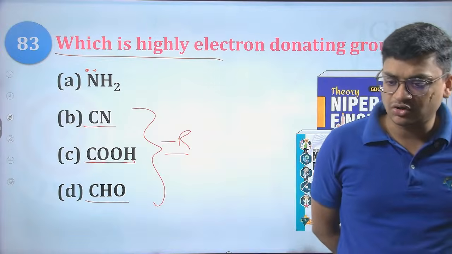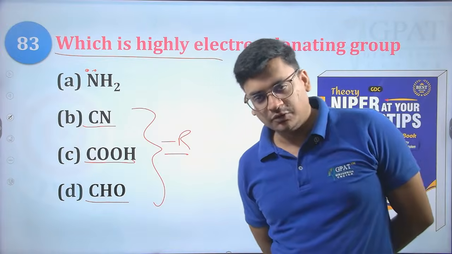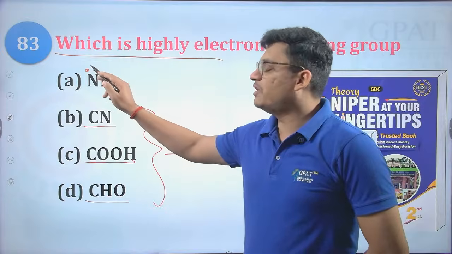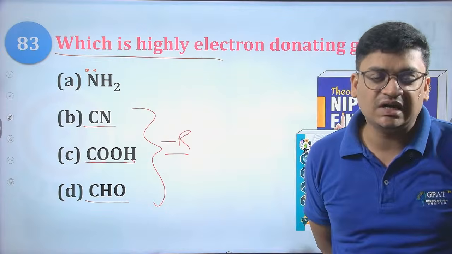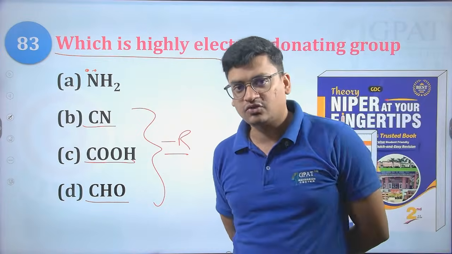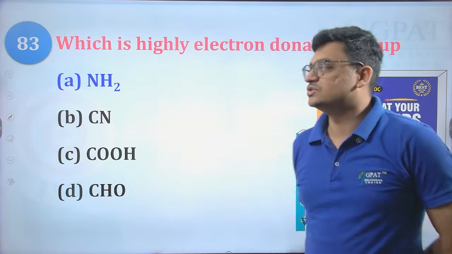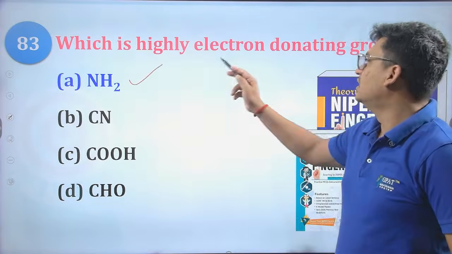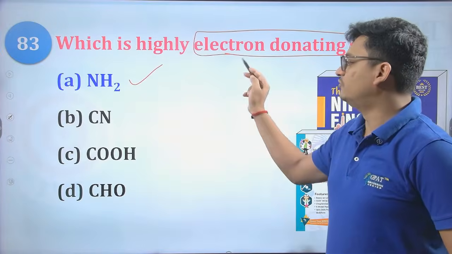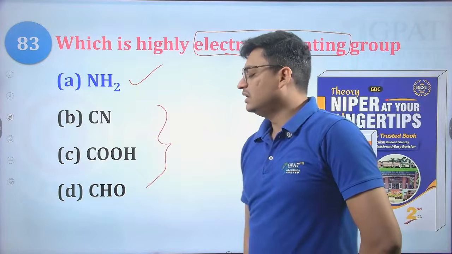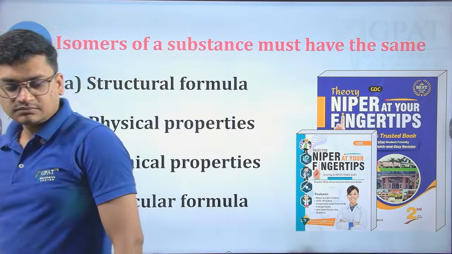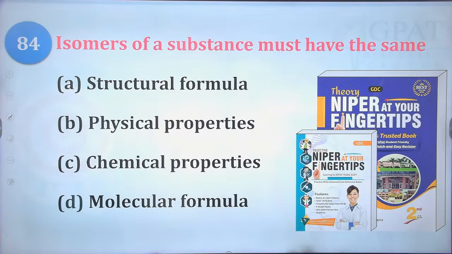They are minus R, or sometimes also called minus M groups. But NH2, because of having a lone pair of electrons, donates its lone pair and hence increases the electron density in a conjugated system. So NH2 is an electron donating group, while all others are electron withdrawing groups.